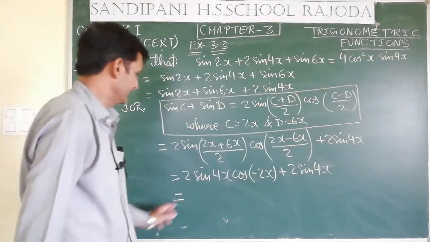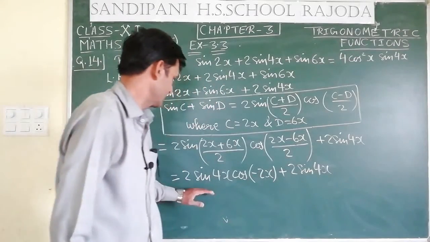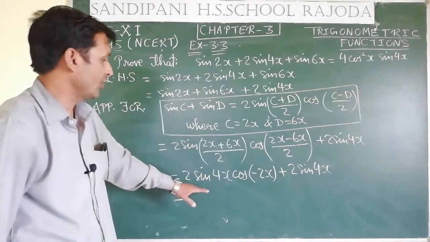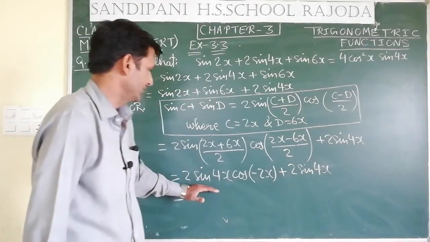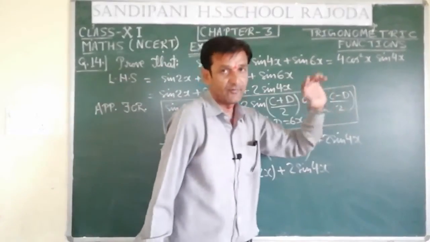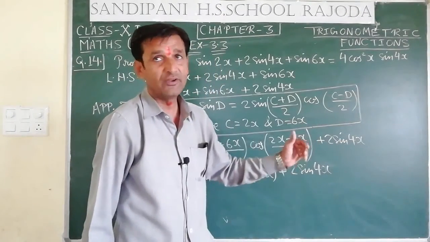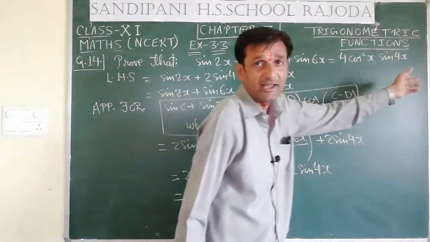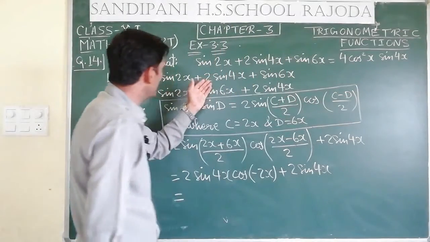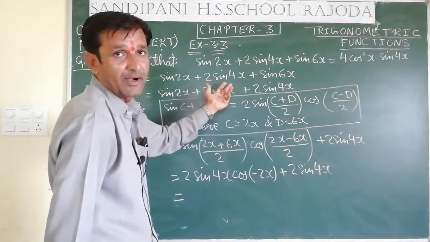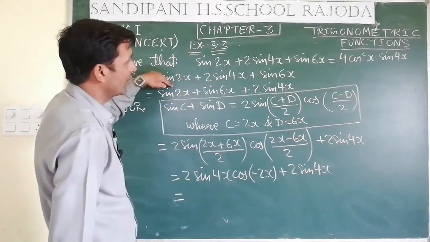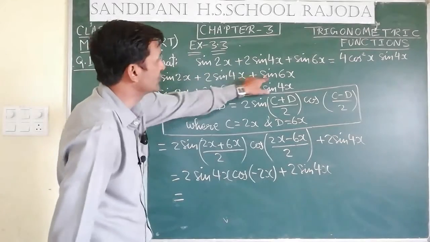Now it is very clear that 2 sin 4x is common here in both the terms. So we may take out 2 sin 4x common. See, one more thing, it gives a clue that 4 sin 4x is already written here in RHS. That's why there is no need to solve this sin 4x part. So by that clue also you come to know that we have to solve these two terms first of all.